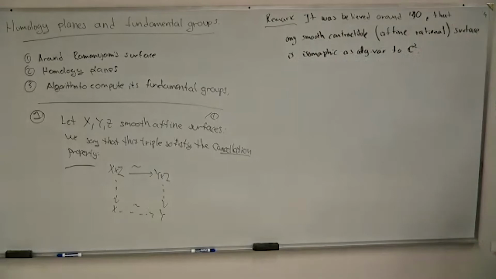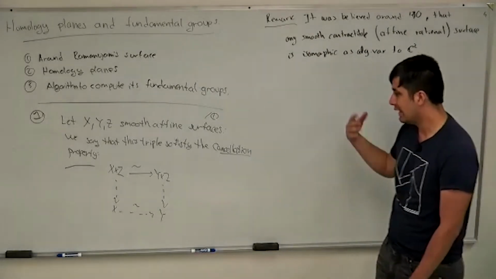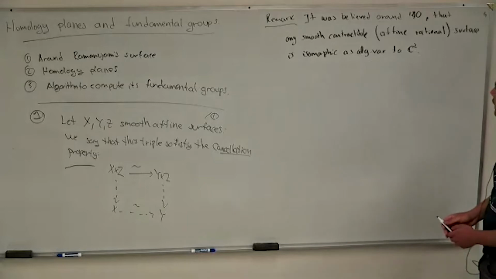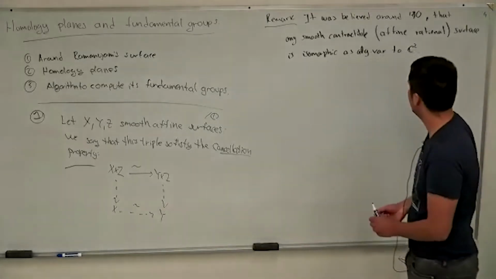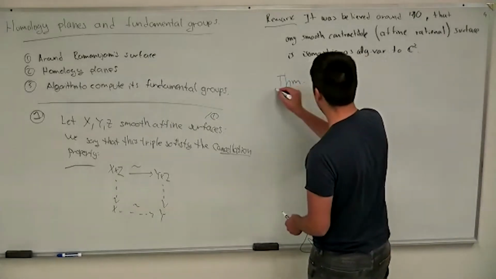So Ramanujan was working on this, was thinking in this cancellation problem, and then he found a counterexample to this. And not only that, he found a topological characterization of C2. So let me begin first with this.